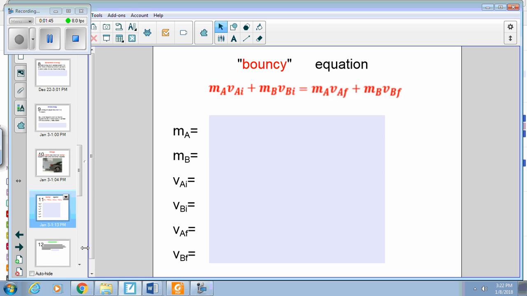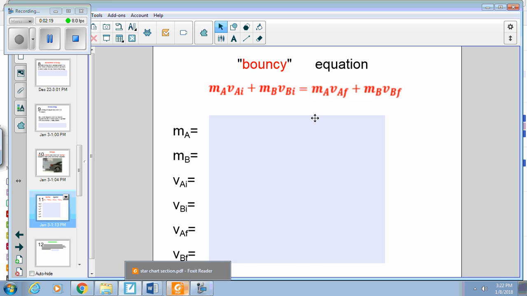The bouncy equation is in red on your equation sheet, and essentially what this states is the momentum of object A plus the momentum of object B equals the final momentum of object A plus the final momentum of object B. Now, at the beginning of the year, I said that it's very important to start writing down your knowns and unknowns, because as these equations get bigger and more complex, it's going to be more challenging to keep them apart.